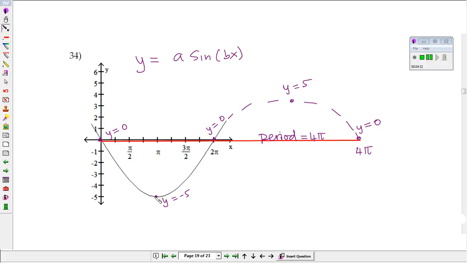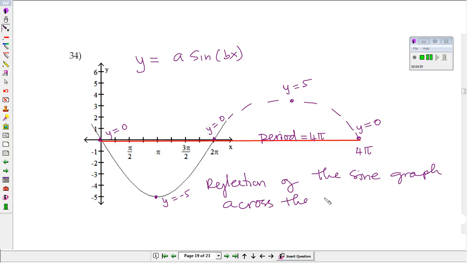However, since the second y value after y equals 0 is the minimum, this is a reflection of the sine graph across the x-axis, so a is less than 0. Our y minimum is -5, so it will be -5 sine.